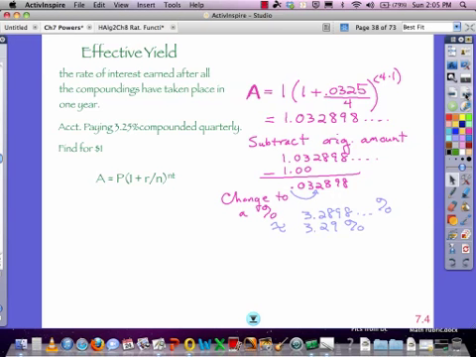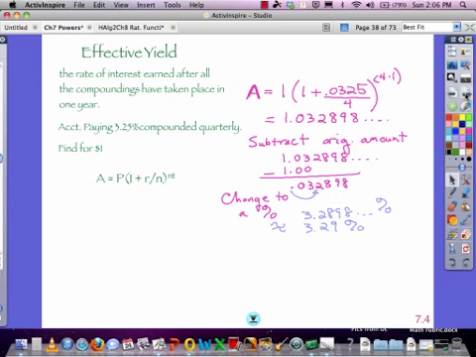But remember, subtract that original amount that we put in there, so that dollar's gone, and we'd be looking at 0.03289-ish. So from there, we've earned, in terms of money, about 3 cents. But take that decimal and change it back to a percent by moving it 2 places to the right. And we're really looking at 3.289-ish percent, and rounding that to the nearest hundredth, 3.29%.